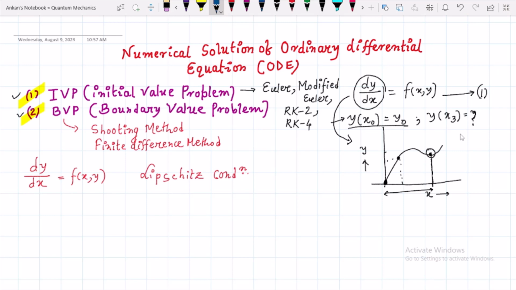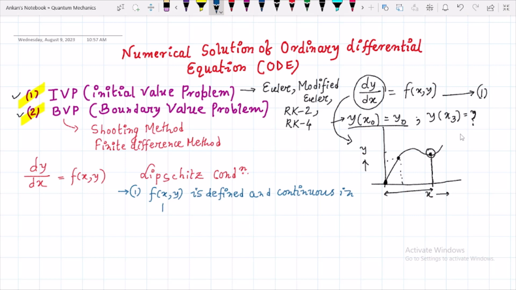The Lipschitz condition can be given by the first condition: f(x,y) is defined and continuous in D. What is D?